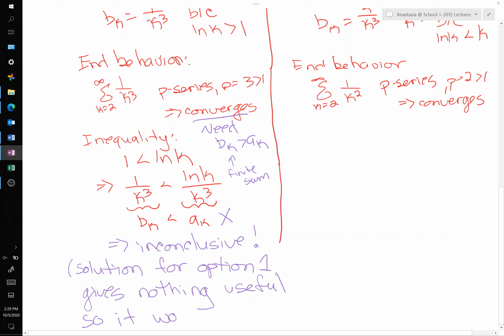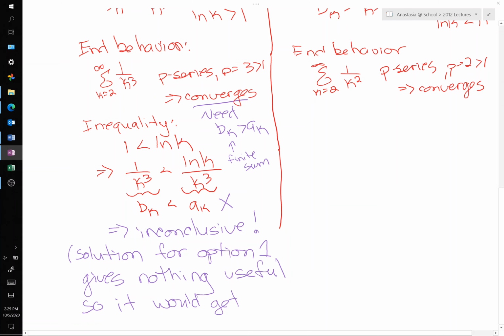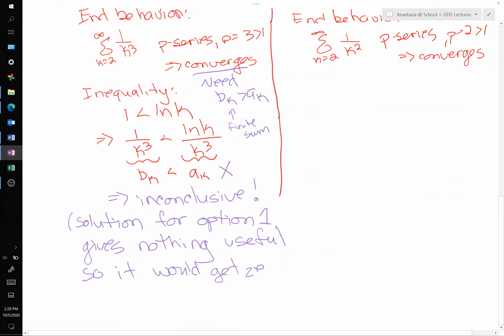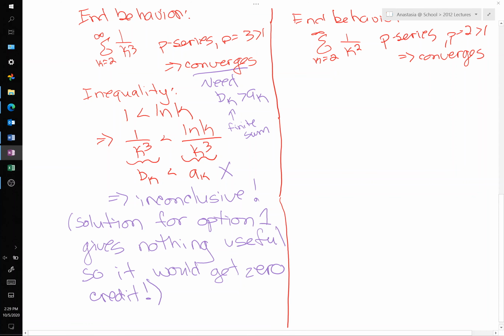So it would get 0 credit essentially. Okay, so be careful. If you get something that's inconclusive, you need to make sure that you consider another case that does end up giving you a result.